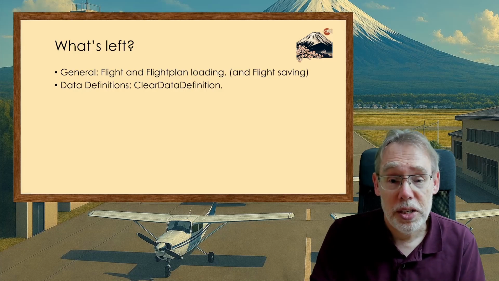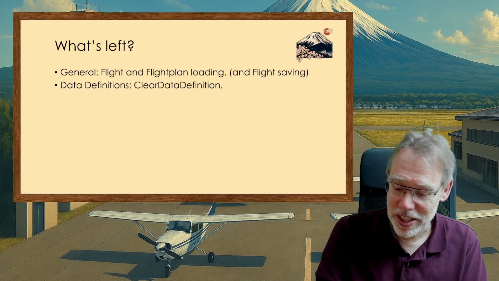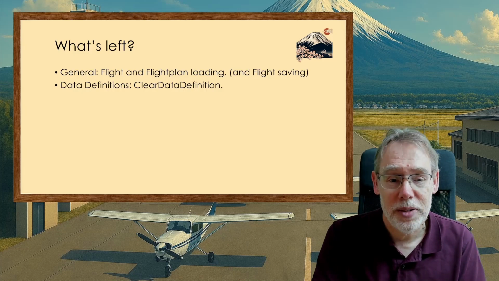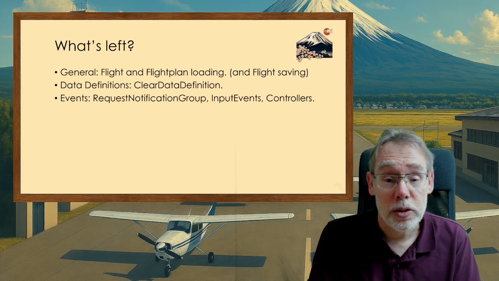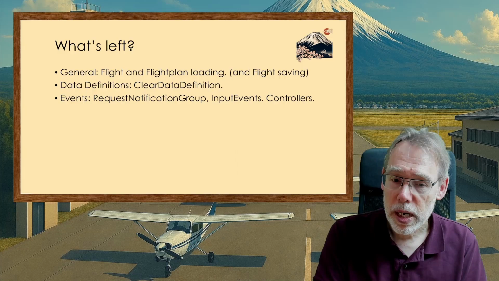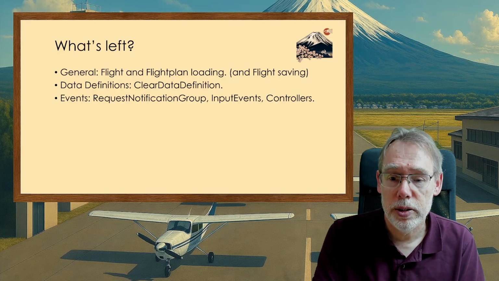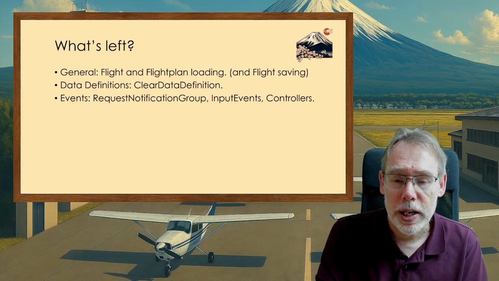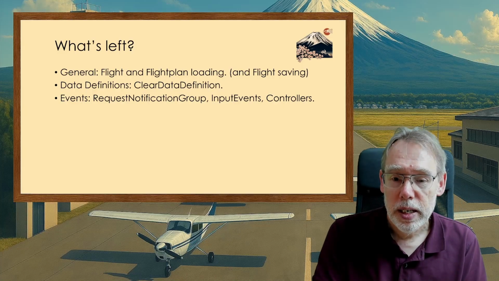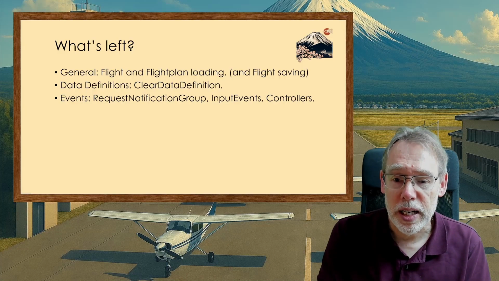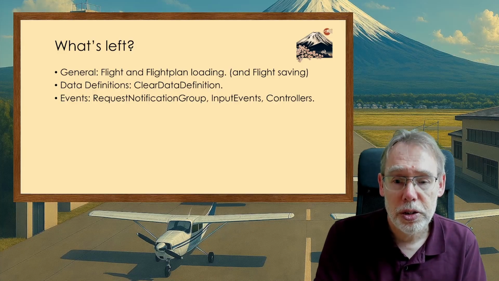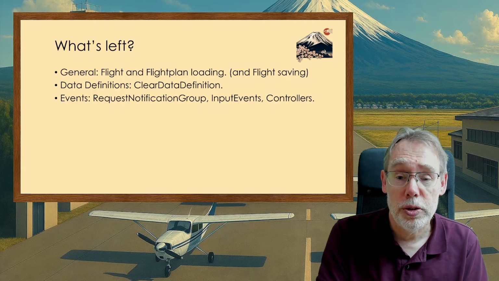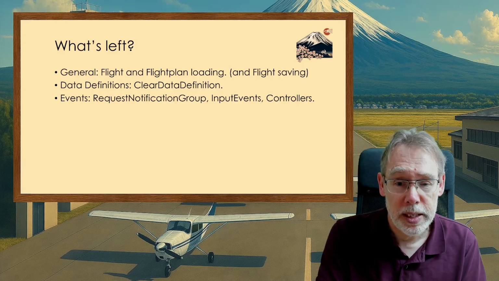Clear data definition. For some reason, we skipped that when we did data definitions. Request notification group hasn't been handled. Input events and controllers. There is quite a lot. Again, I think this is an effect of having more console focus, but you could still do interesting things with that.